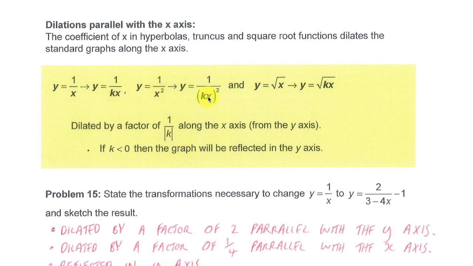Same thing for the truncus and for the square root function. If there's a number immediately in front of the x that's within the square root function, then what we have here is a dilation factor of 1 over the magnitude of k, the size of k, along the x-axis. If k itself is less than 0, then we have a reflection in the y-axis. So this is a new idea that we're introducing.